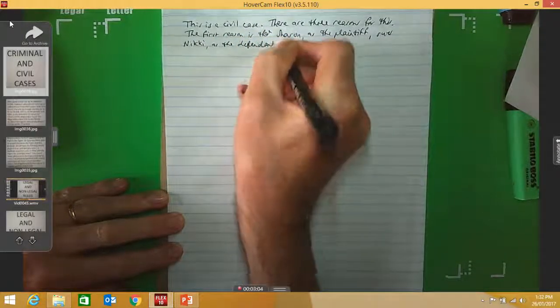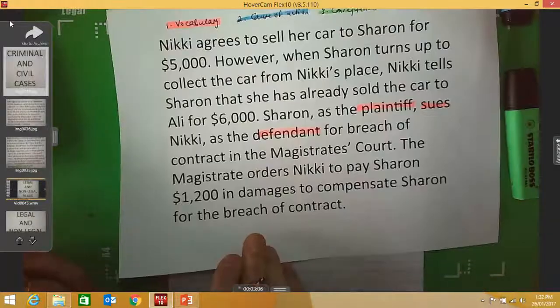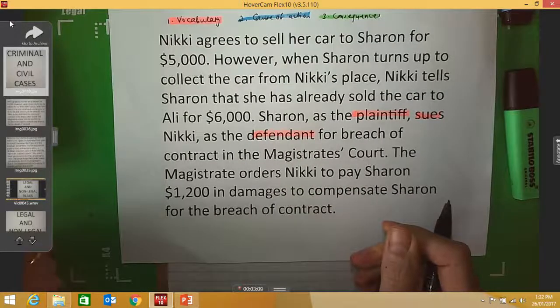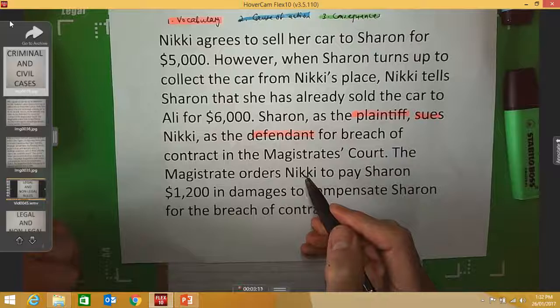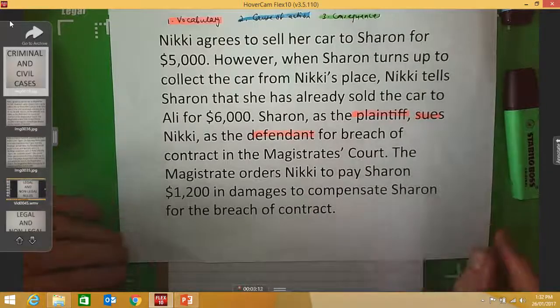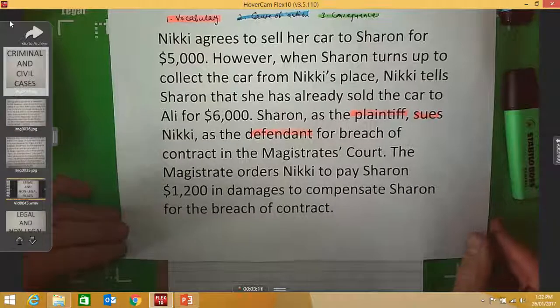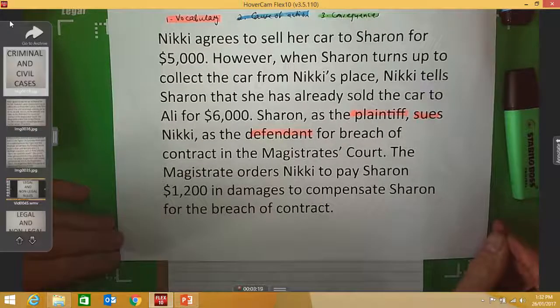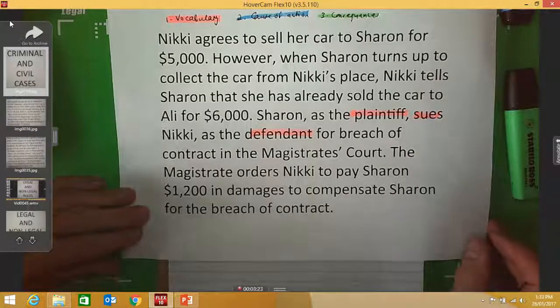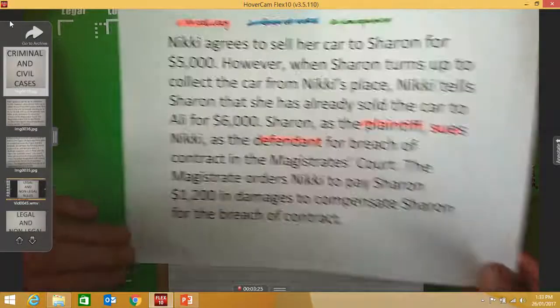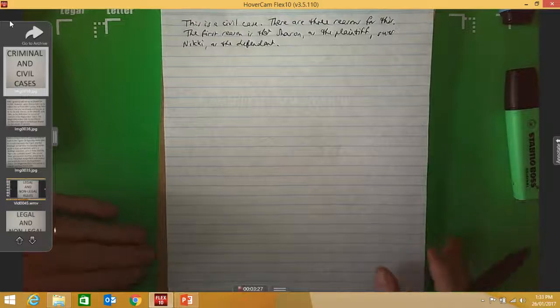Now if I stop there, then all I'd be doing is simply repeating what the case study tells us. It already says that Sharon, as the plaintiff, sues Nikki as the defendant. But the question requires me to explain why I think this is a civil or a criminal case. In other words, why is the fact that we have a plaintiff who's suing a defendant, why does that suggest that this is a civil case?